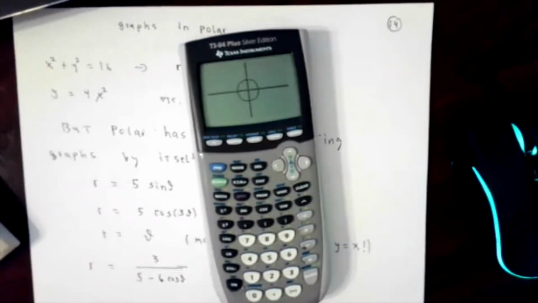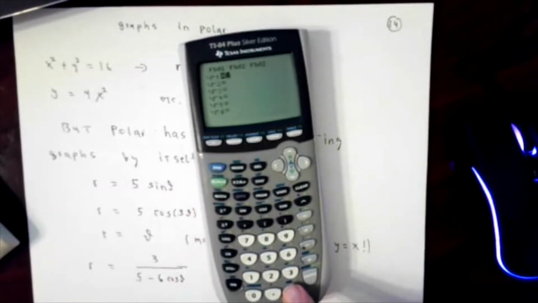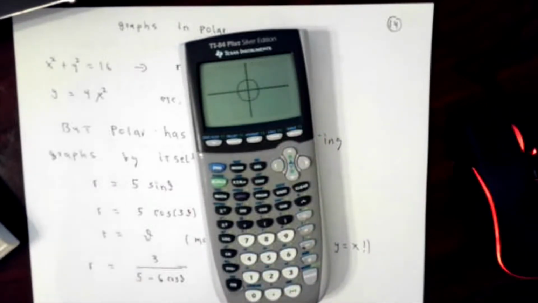What if I used the negative of that? What if I didn't say r equals 4, but r equals negative 4? I get a circle. I'm going counterclockwise, but I started on the negative x-axis instead of the positive x-axis. So things are as you think they should be.